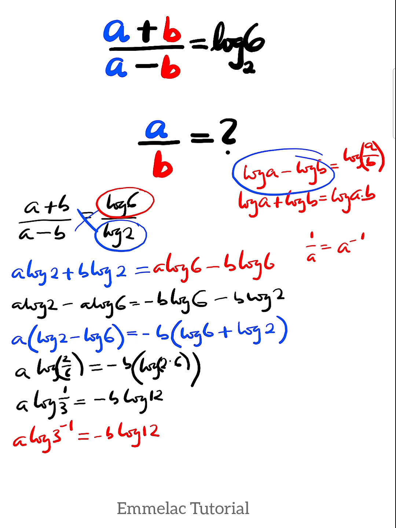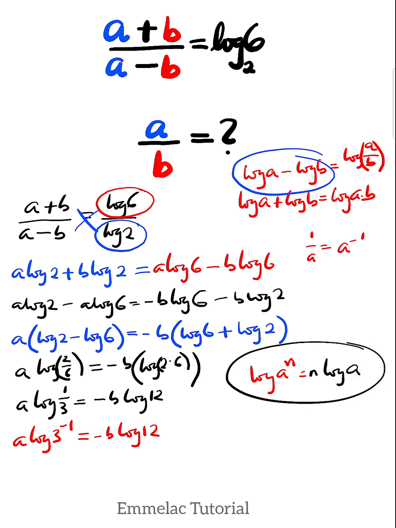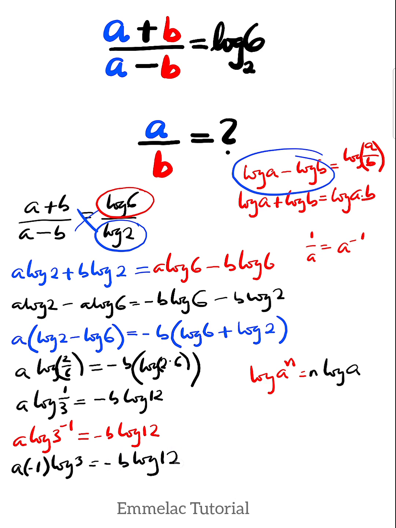The power law of logarithm says that when you have log a raised to a number n, this n becomes a multiplier, that is n log a. If we apply this rule here, we end up having a times negative 1 log 3 equals negative b log 12.